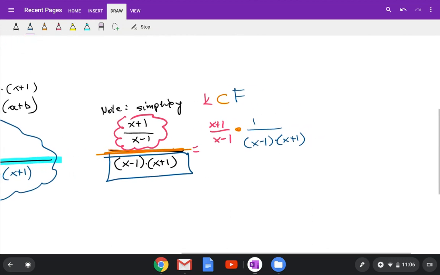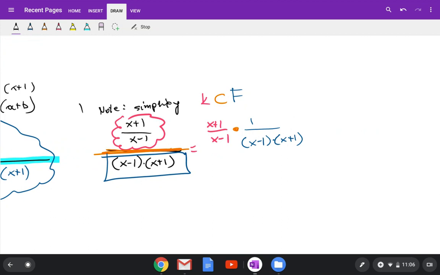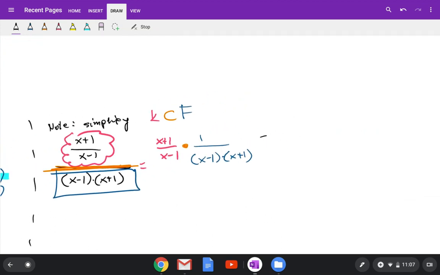So let me simplify. Again, I'm showing you the work on the side. We'll go back to our problem in a second. Now I'm going to multiply fraction by fraction. So (x plus 1) times 1 is just x plus 1. And here I have (x minus 1) times (x minus 1) times (x plus 1).